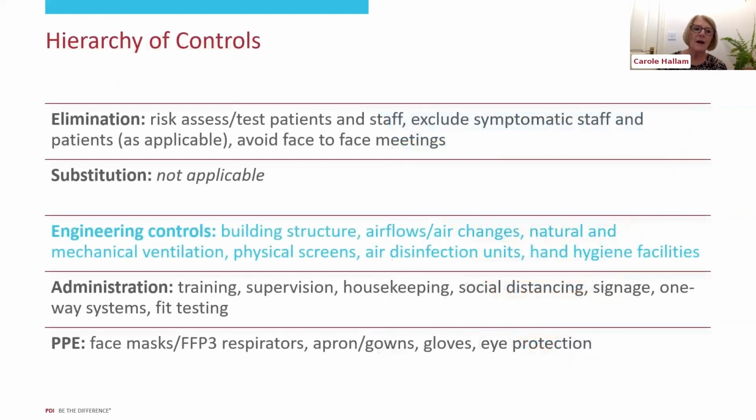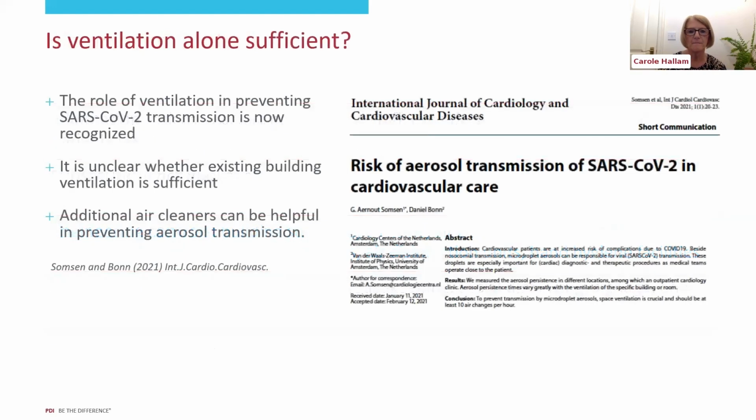So when you break down the hierarchy of controls and picking out those engineering controls, there is something here around that building structure, those airflows, air changes, looking at natural and mechanical ventilation, and considering those air disinfection units and making sure we've got hand hygiene facilities.